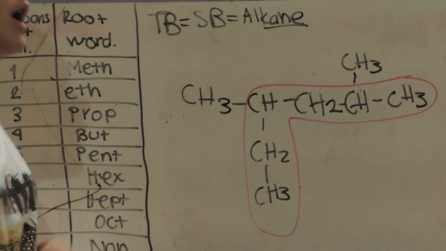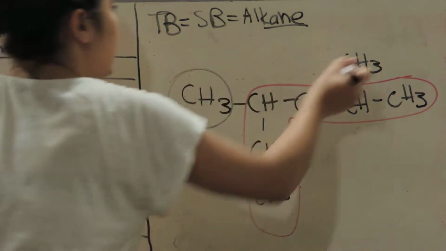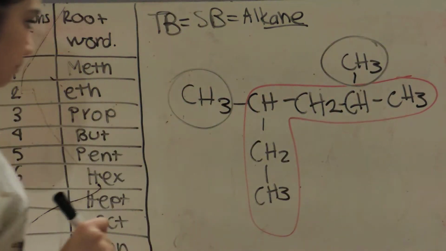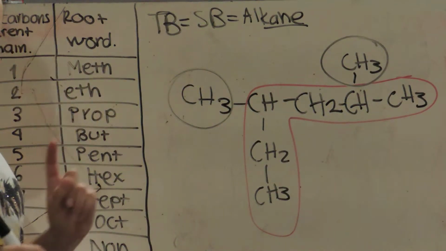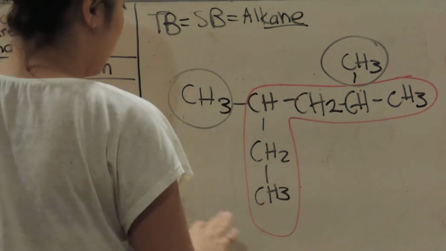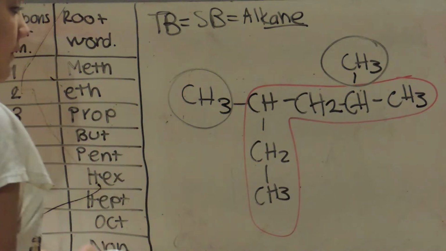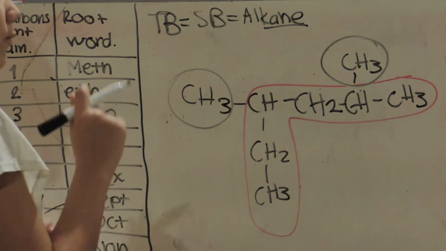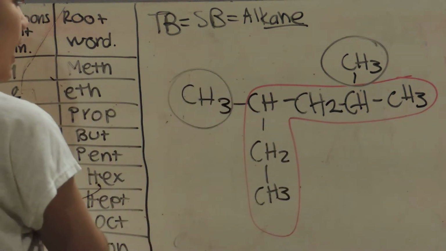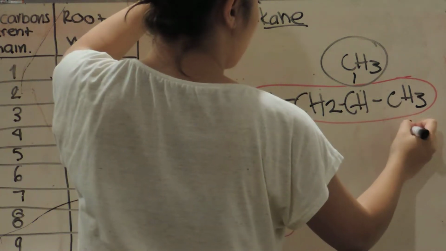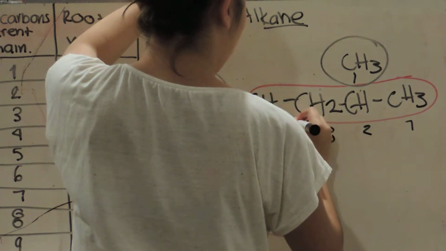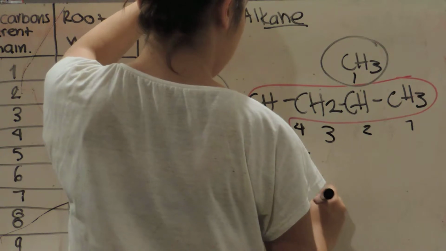Something that you need to take into account are the alkyl groups. So, we can start numbering them from left to right or from right to left.